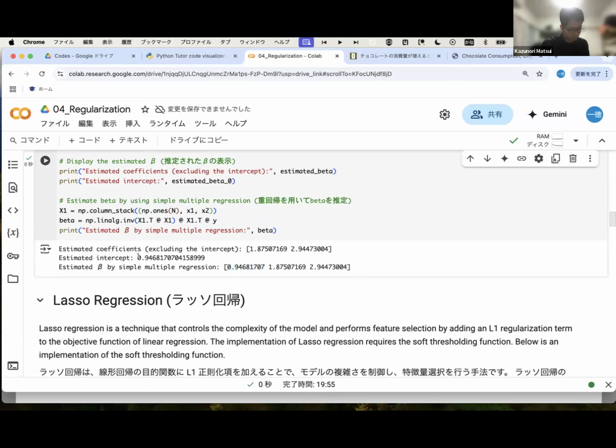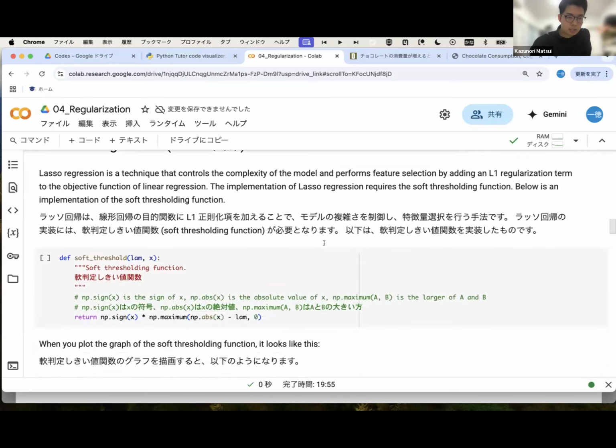And ridge regression gives the same value. The coefficients for the explanatory variables are also exactly the same, confirming that ridge regression with a regularization parameter of 0 gives exactly the same result as the least squares method.